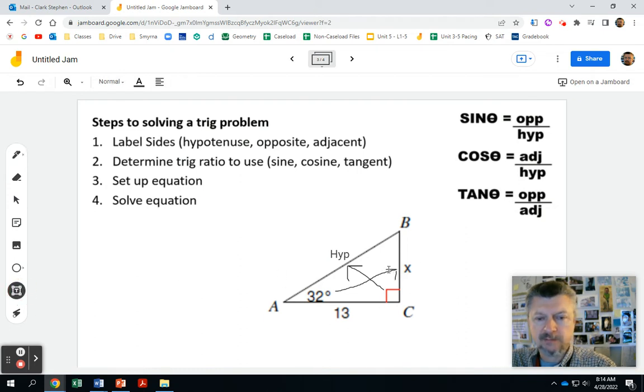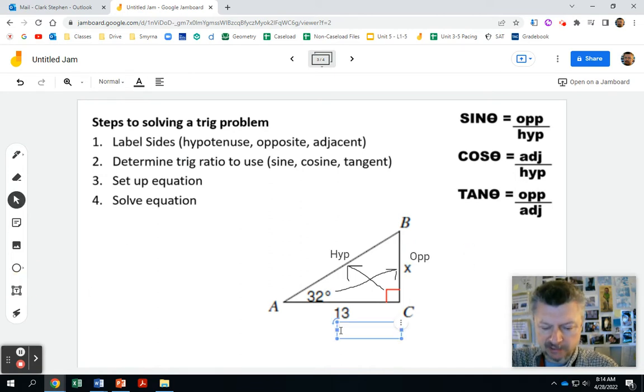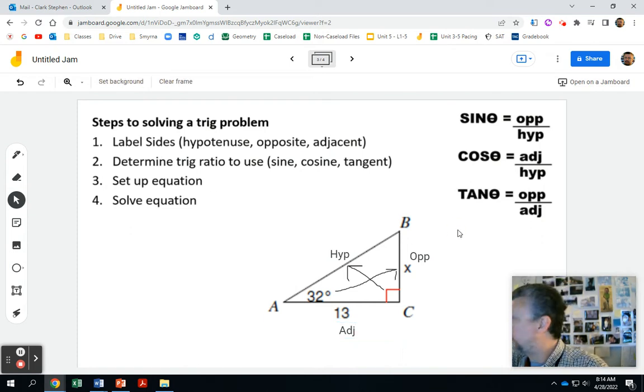And this is the adjacent side because that's the only side left, ADJ for adjacent. So that is step one, label the sides.